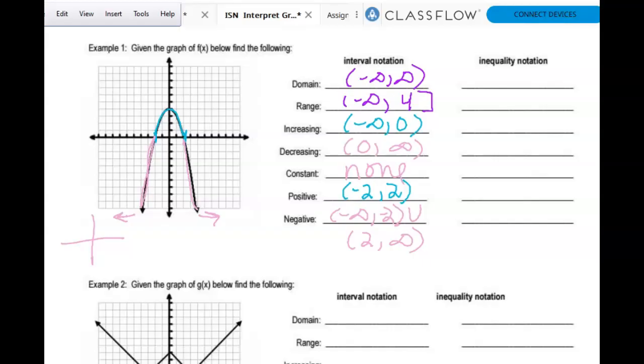So the y is negative in the pink. And so it starts at what number? 2 and goes to positive infinity. Just like a book. Yes? Okay.